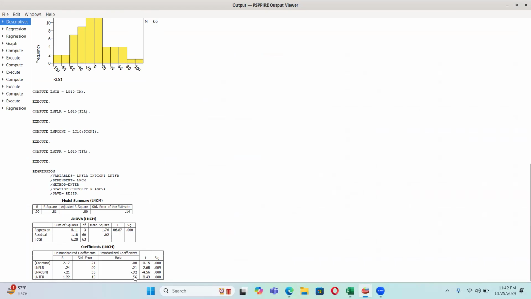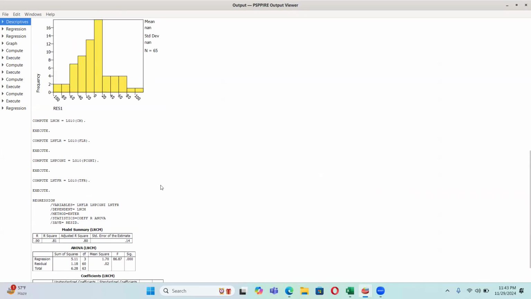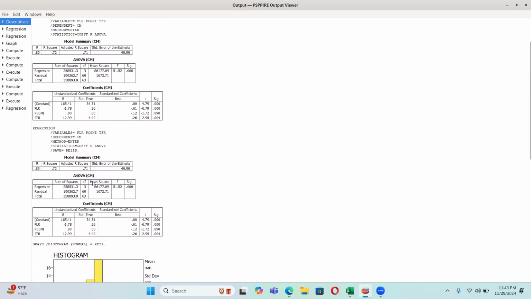So the interpretation of this would be, looking at the coefficient beta, if female literacy rate increases by 1%, the child mortality rate would fall by 0.21%, because these are both in log format. Whereas in the previous scenario, they were not in log format, so a 1 unit change in this would lead to a 0.61 unit change.